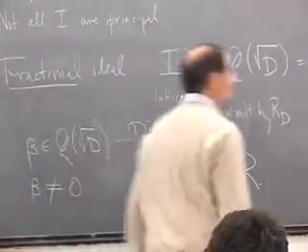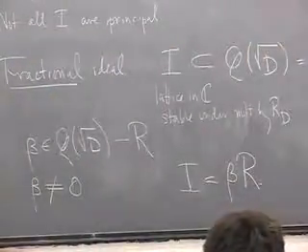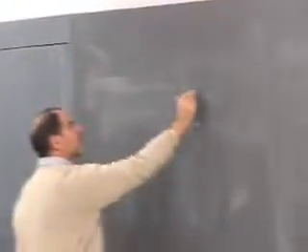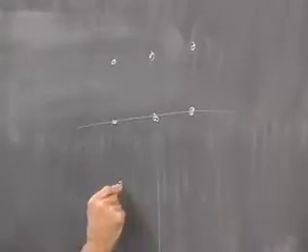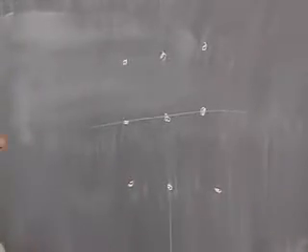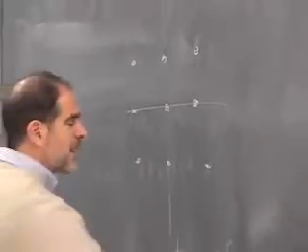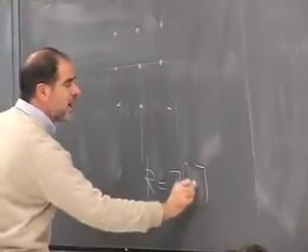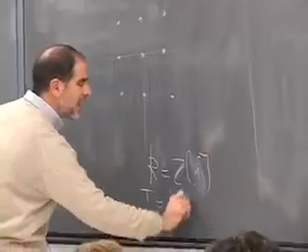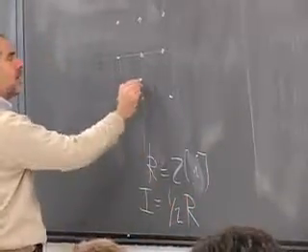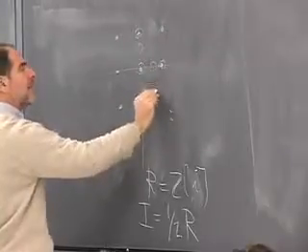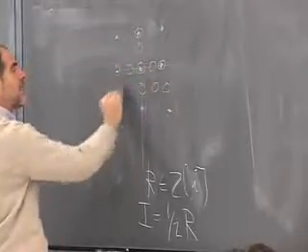So for example, if R were the Gaussian integers, here's the ring R of Gaussian integers, Z[i], we might have the ideal 1/2 times R, which would be the things here. And that's still a lattice. It's just not contained in R.